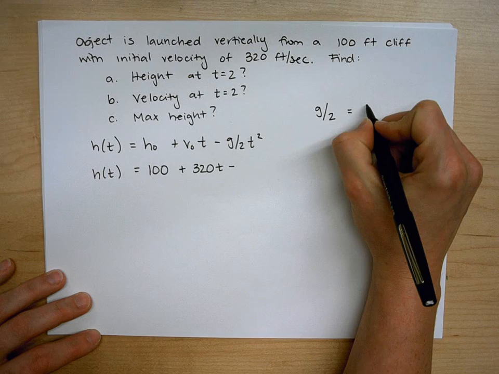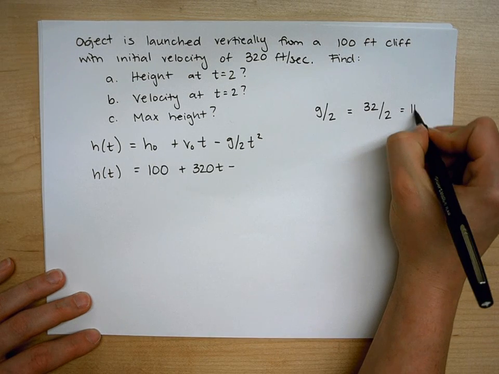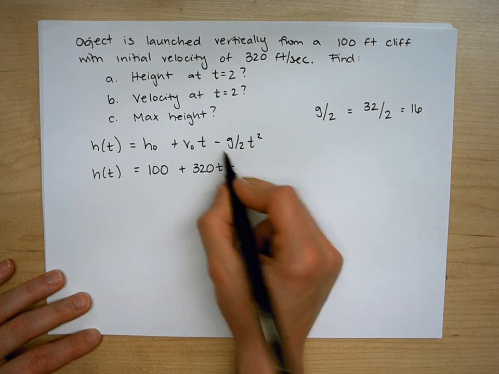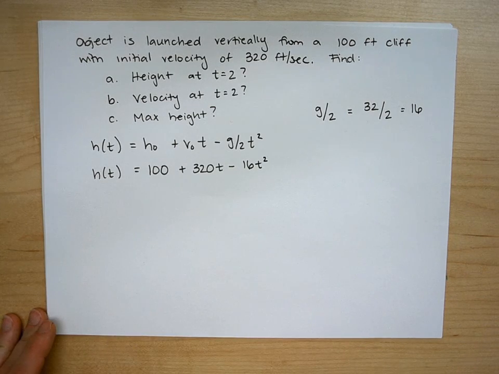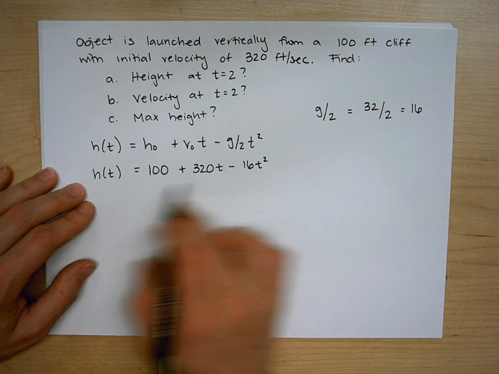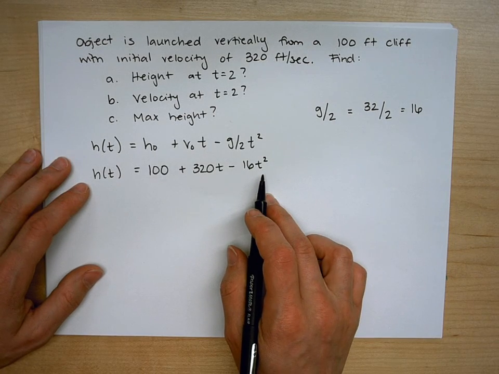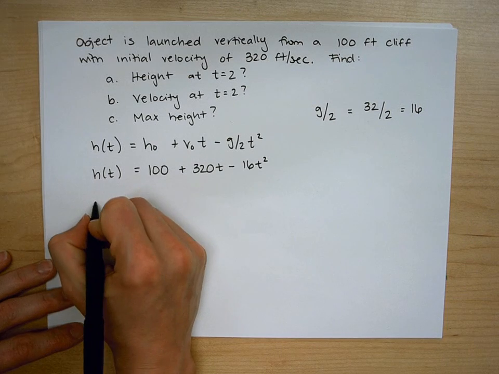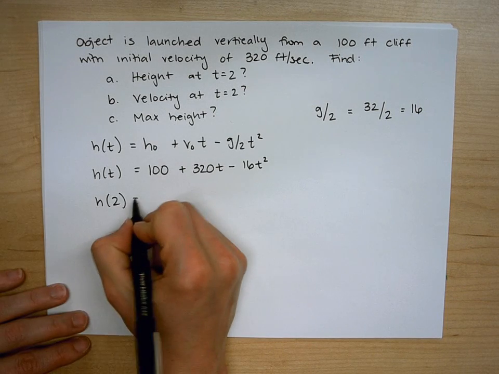So I would want to look at then 32 divided by 2, 16 would be my coefficient in front of the t squared. Okay? So that means that the object's height at any moment in time is given by this function. Okay, so let's take a look then. We wanted to know the height at time 2. So all we just need to do is plug 2 in.